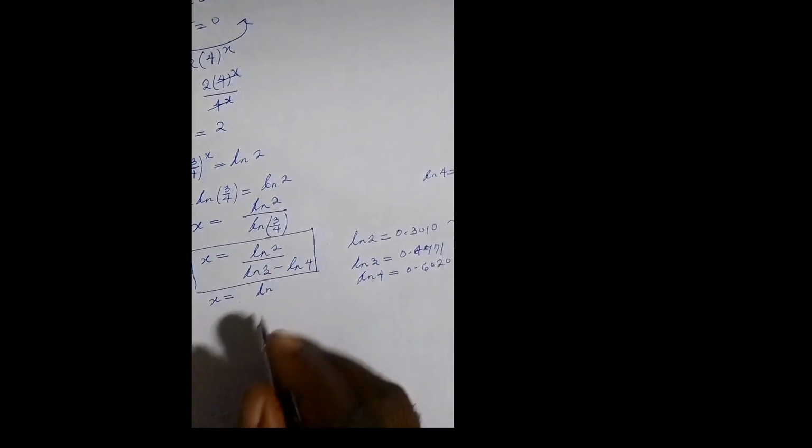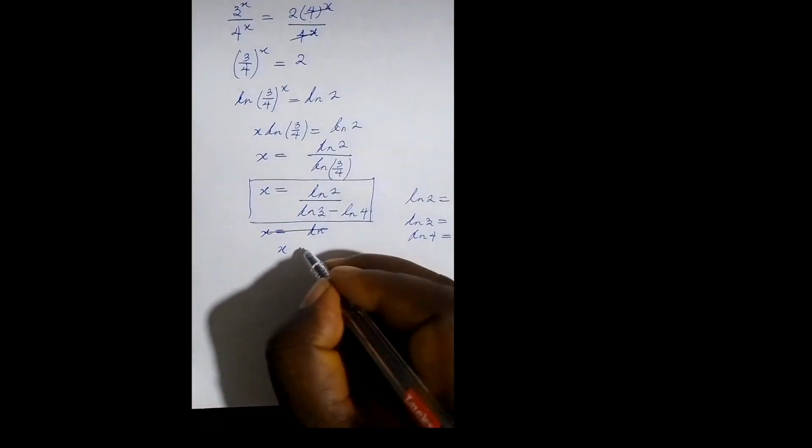And then what's the natural log of 4? Natural log of 4 should be natural log of 2 squared, which is 2 natural log of 2. That is 2 times 0.3010, so that will be 0.6020.